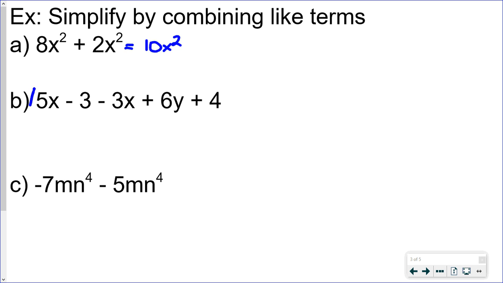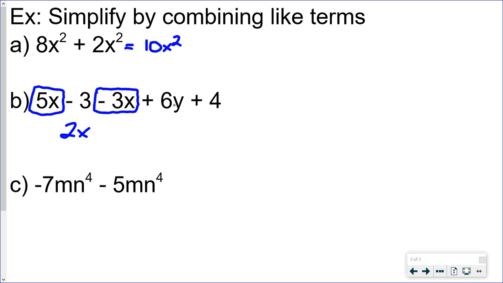So here's a 5x, and I want to combine this with the 3x. Whatever symbol is in front of that 3x belongs to it. So that minus sign belongs to the 3x, and it tells me how to combine it with the 5x. So 5x minus 3x would give me 2x.